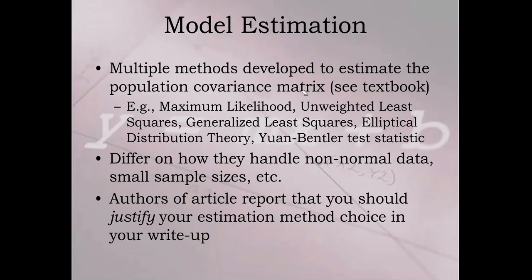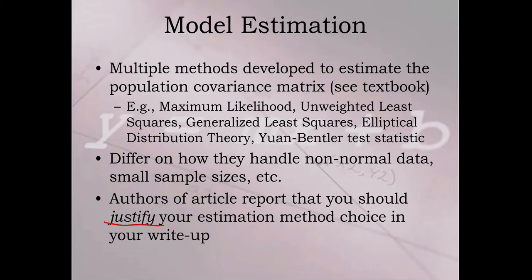I do have an article up on Blackboard, and it's an important article in terms of writing up your models if you're ever going to do a path analysis or a CFA or SEM. Just like with EFA and PCA, whatever statistical decisions you make, such as using maximum likelihood to estimate your path analysis, you need to justify your method of choice.